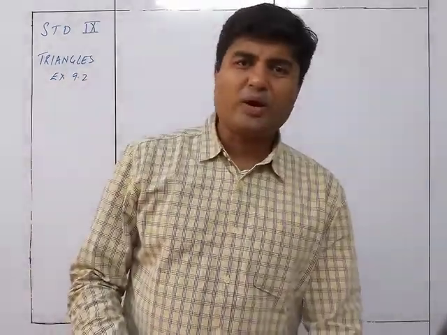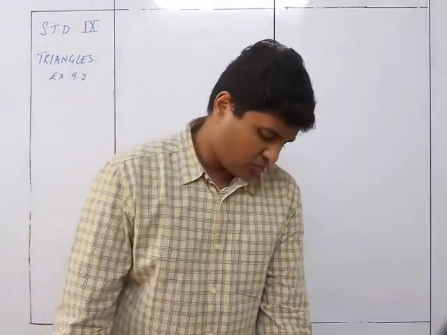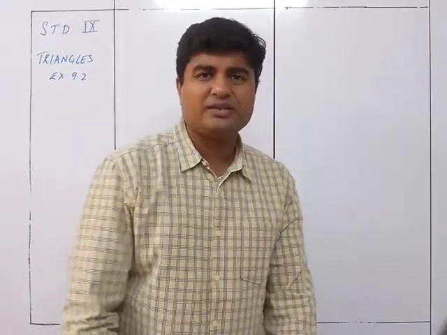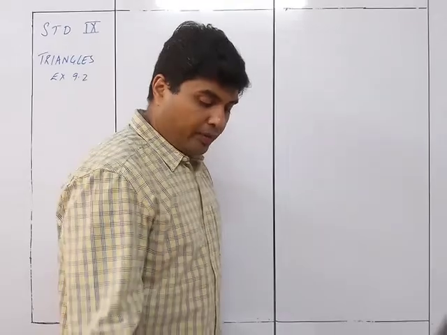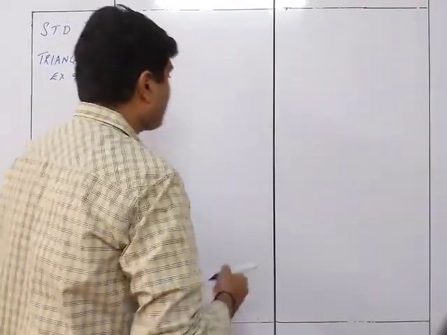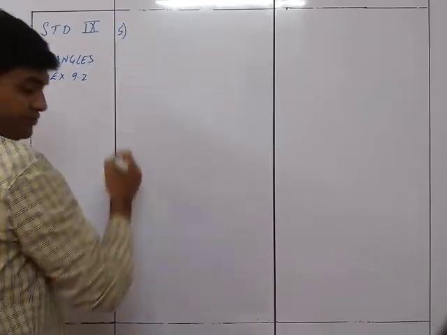Such kinds of questions like 1, 2, 3 are never going to be asked, so they are not so important. It just helps you to understand the concept properly, but from an exam point of view, it is not important at all. Okay, so question number 5. Let's draw the figure first.